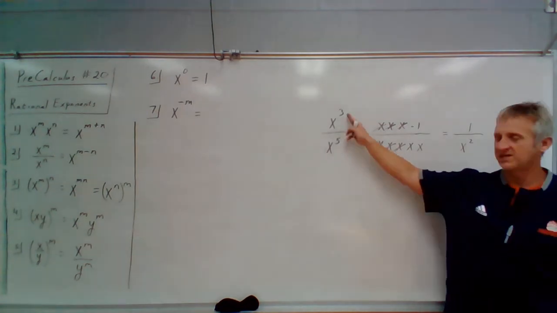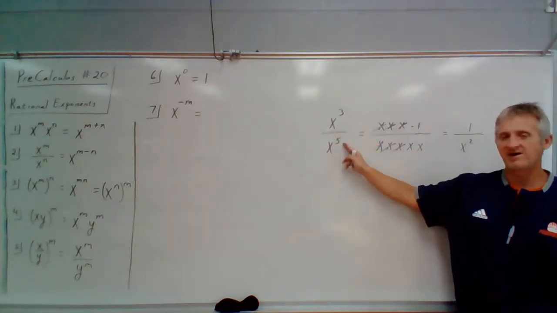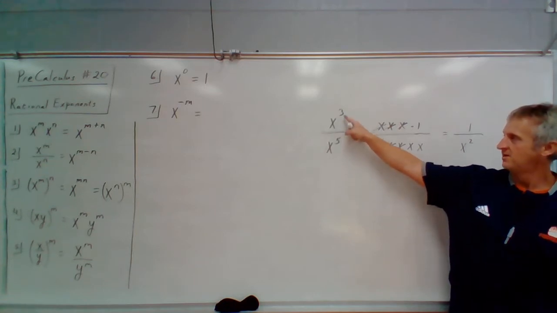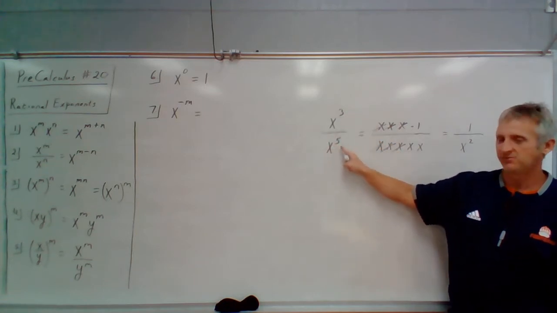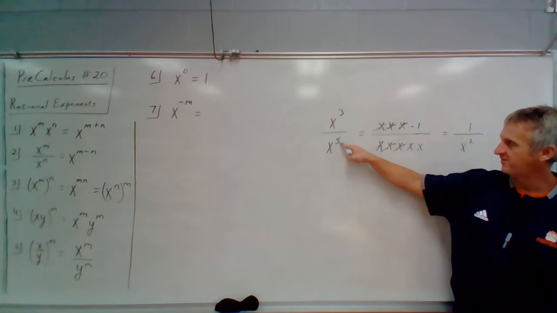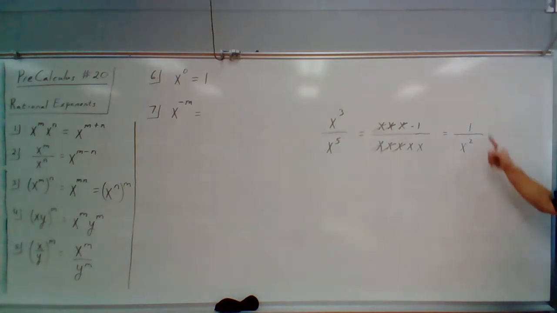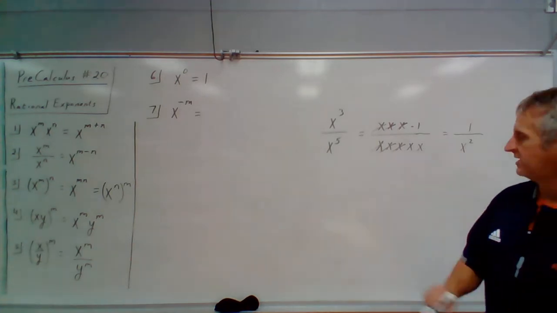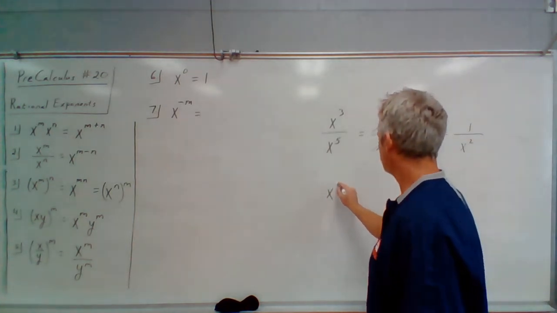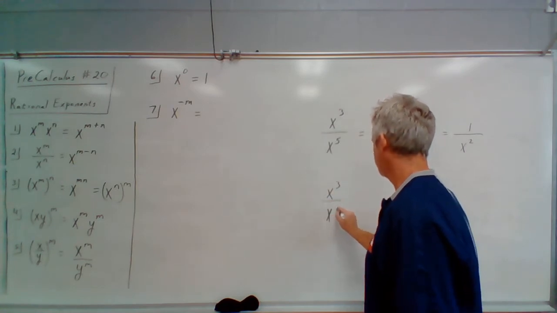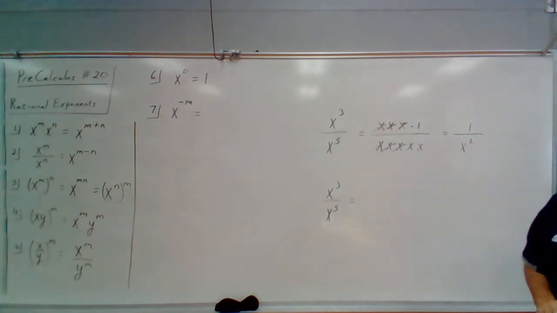So I have 3 x's multiplied together on the top, 5 x's multiplied together on the bottom. These 3 x's would cancel with 3 x's down here and leave me with 5 minus 3 x's on the bottom. So I get 1 over x squared. All right. But what does rule number 2 say that we should do to those exponents?